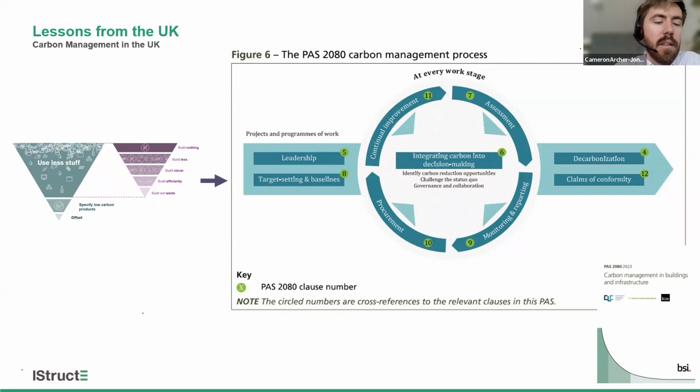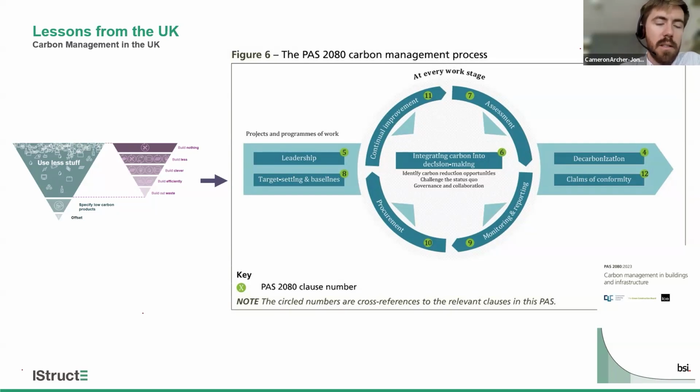And to get there, the standard sets out a process of going around this loop of continuous improvement, where you're assessing your carbon at relevant stages in the project, monitoring, reporting, feeding into procurement, and then trying to improve. But in the middle is this integrating into decision making. And from the perspective of what the structural engineer can influence, that's the most important step, in my opinion.